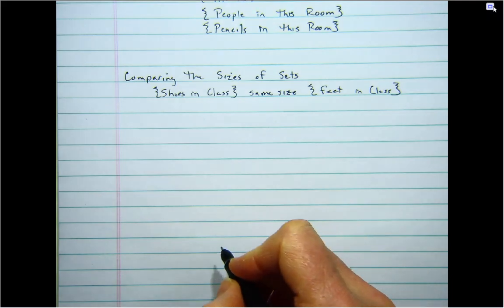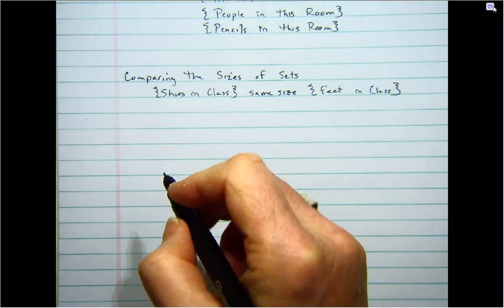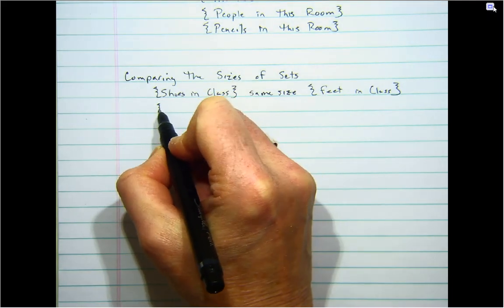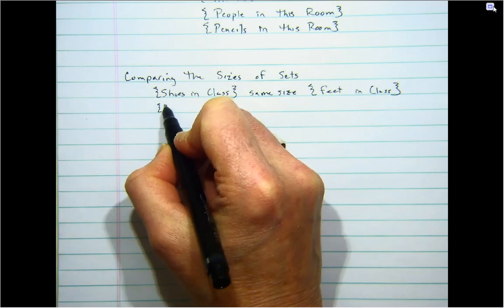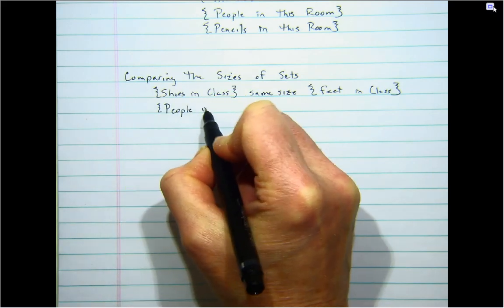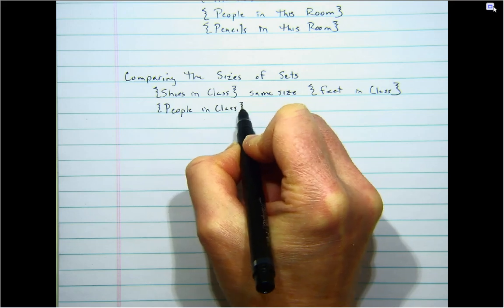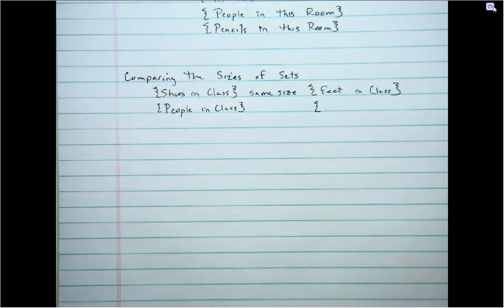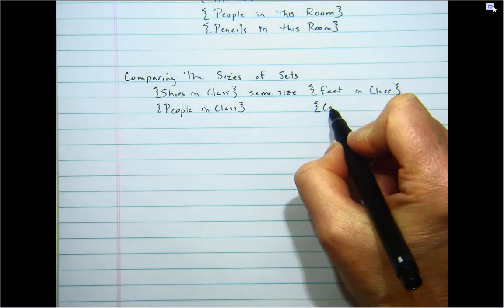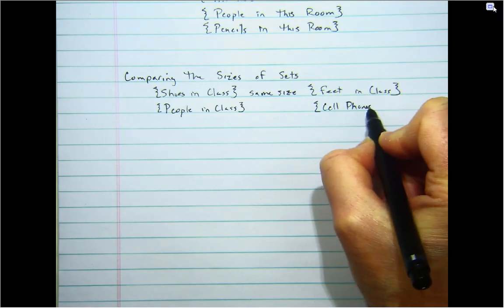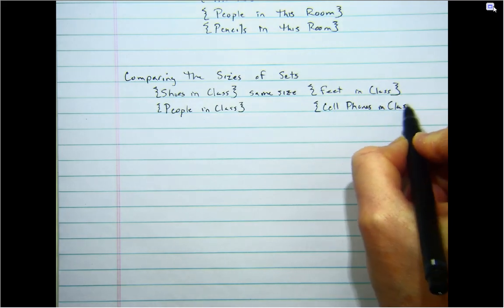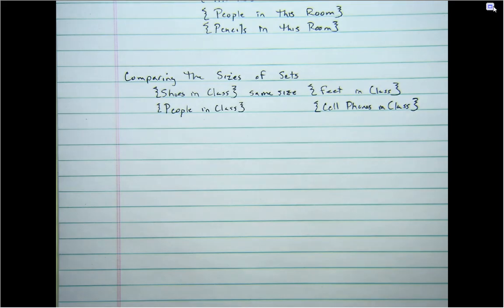How about cell phones? Let's take a look at the number of people in class and the set of cell phones in the room here. Now I don't bring a phone to class, so I don't have a phone.